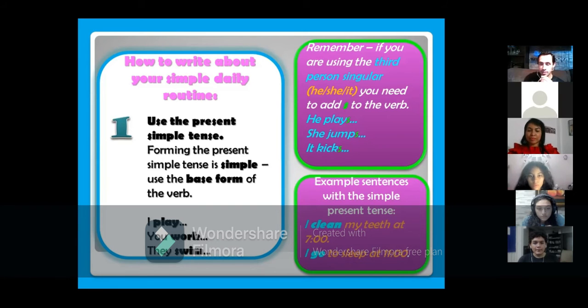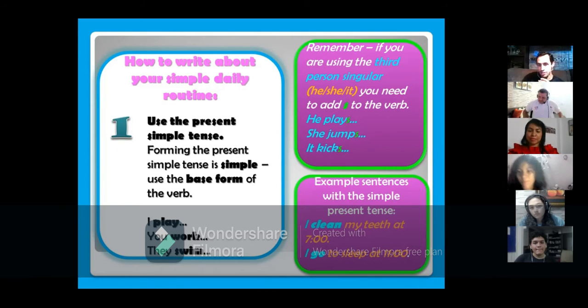But remember, when we use the third person, we have to add an s, as you see in the example: he plays, she jumps, he bikes. After that, we can use a specific time during the day to complete our sentence. For example, I clean my teeth at 7, or I go to sleep at 11.